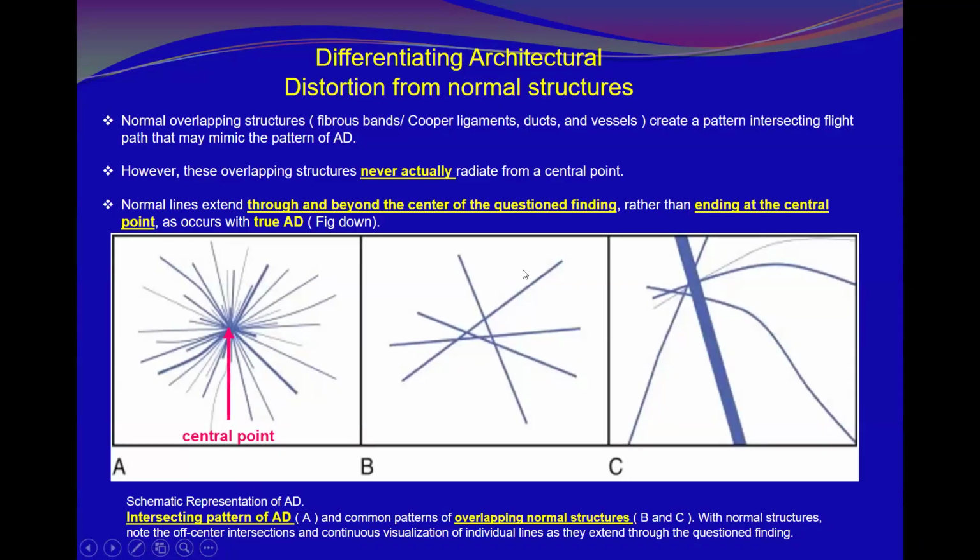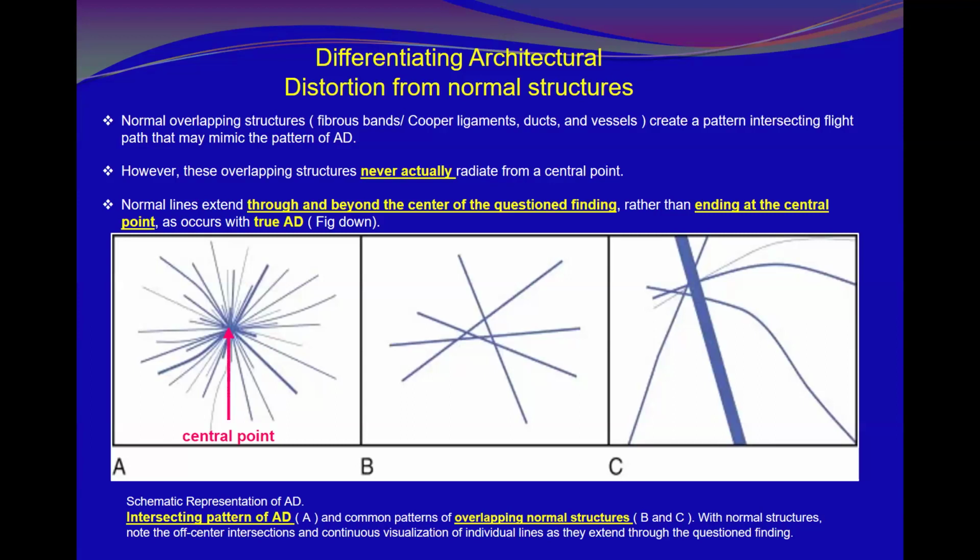But the principle is the same: the overlapping of these structures never actually radiates to a central point. Look here. Haphazardly overlapping. They should never radiate to a central point like this. If it occurs, we can call it an architectural distortion whenever seen on mammography or on ultrasound.